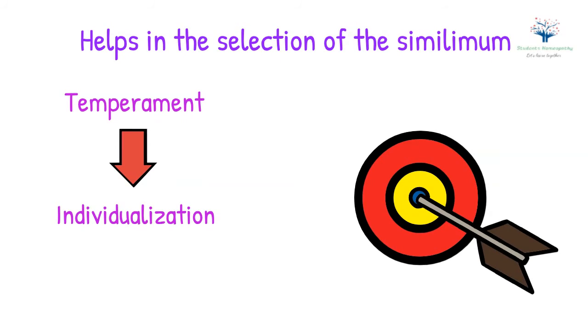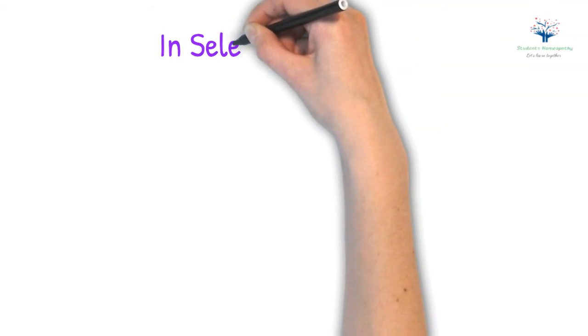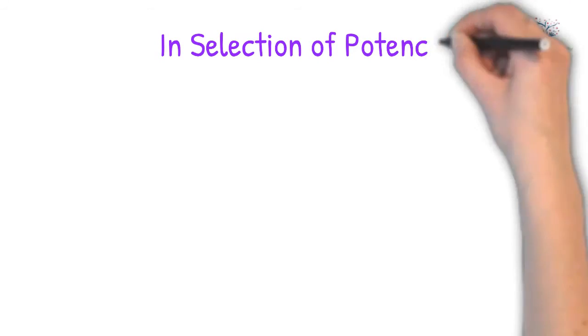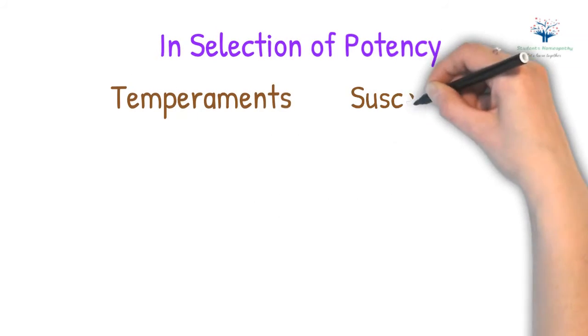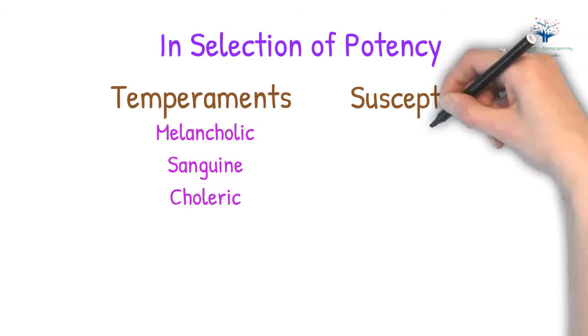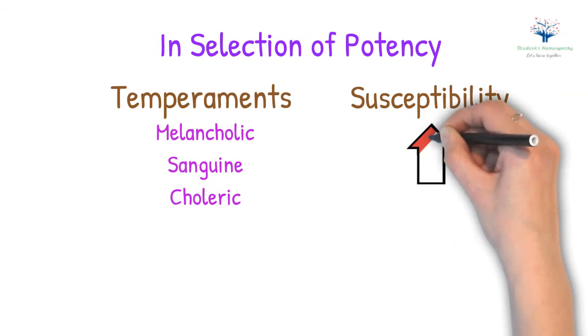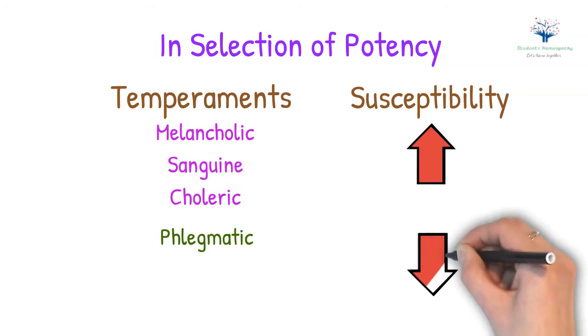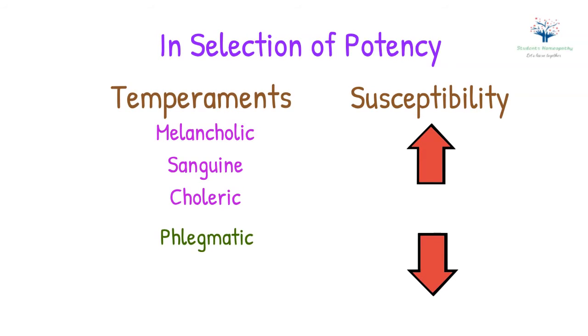So coming next, the knowledge of temperaments can help a homeopath in selection of potency. According to Arndt-Schulz and Stuart Close, the melancholic, sanguine and choleric temperaments display the greatest susceptibility, while phlegmatic or lymphatic is the least. So, the knowledge of temperaments can guide us to select the potencies.